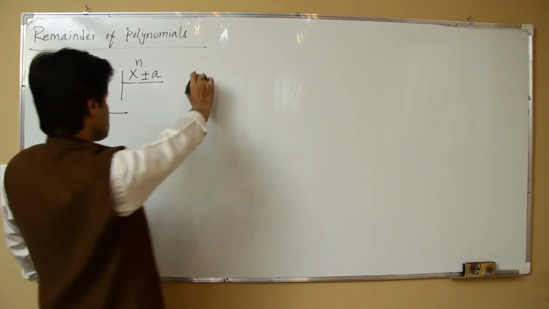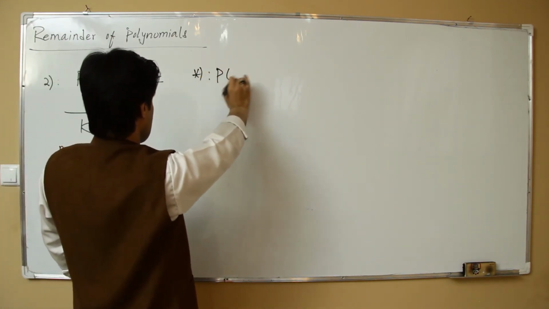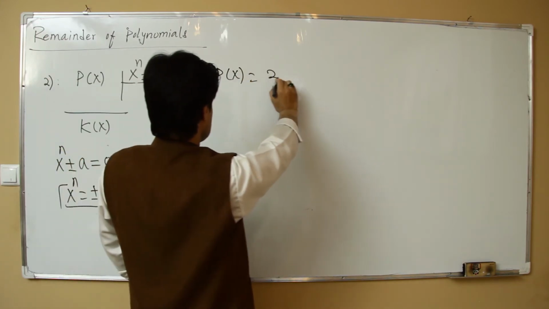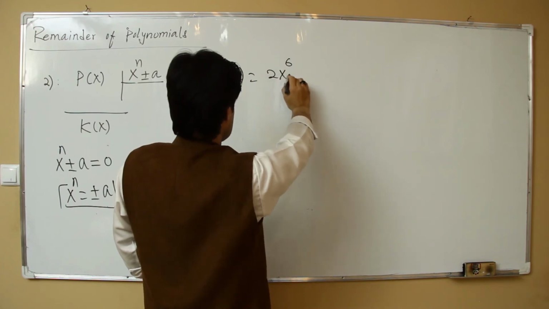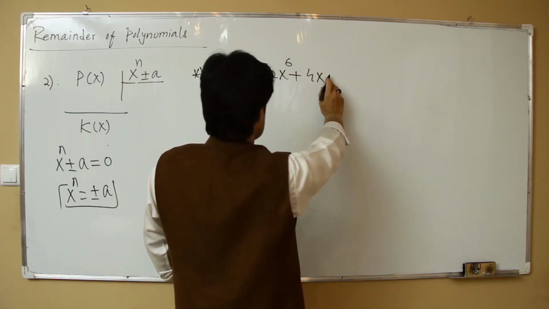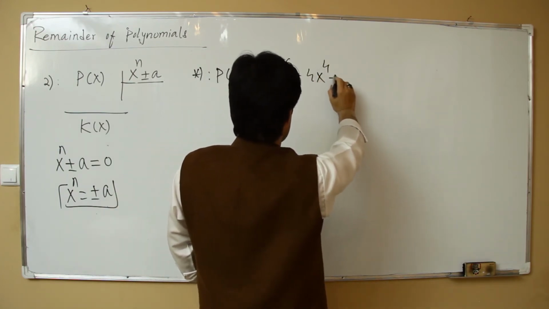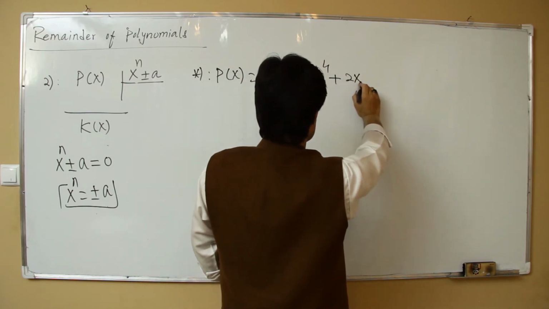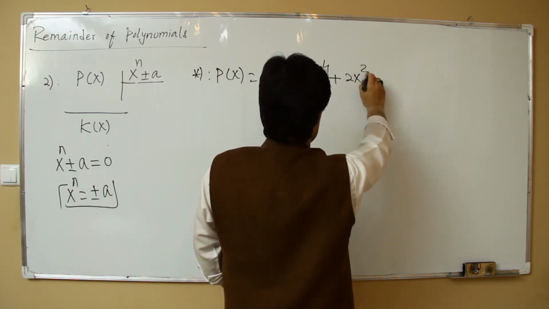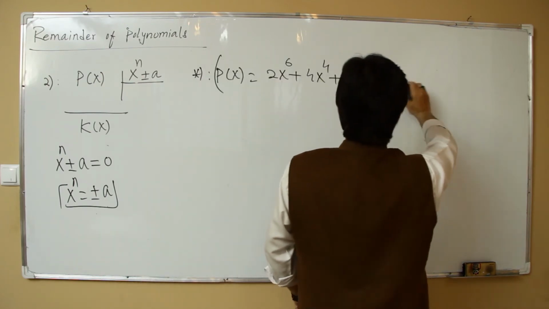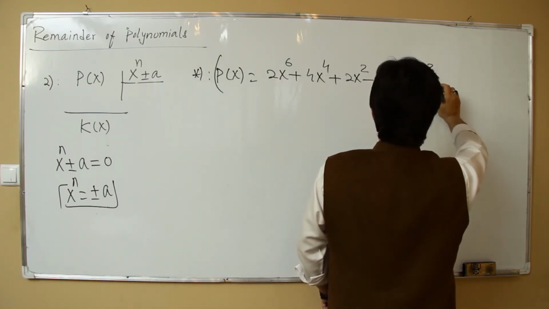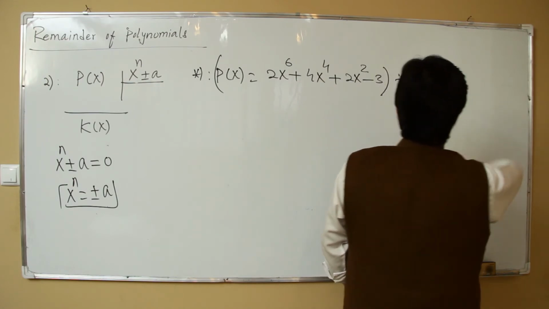For example, if we have a polynomial p(x) equal to 2x to the power 6 plus 4x to the power 4 plus 2x squared minus 3, divided by x to the power 3 minus 2.